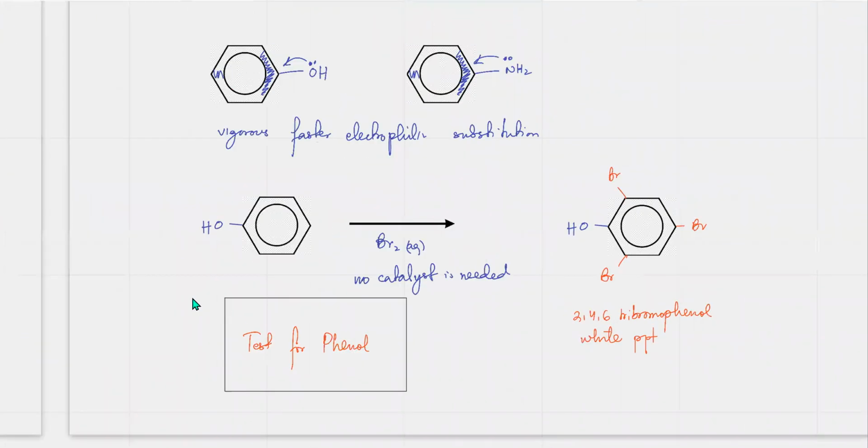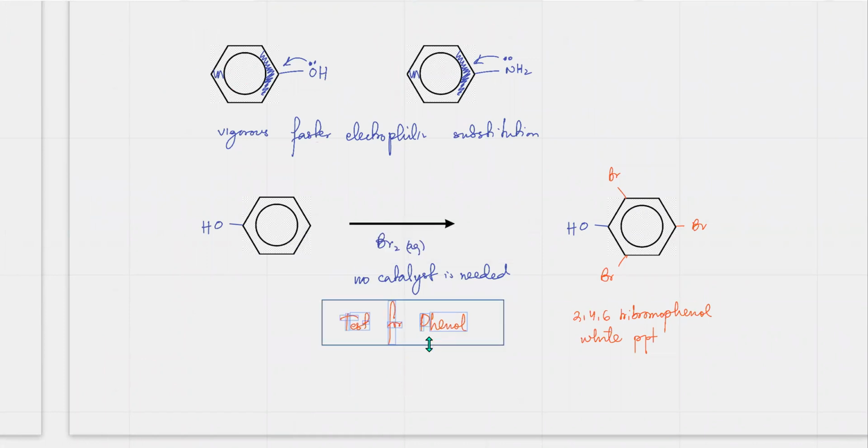You have to remember that if you add bromine aqueous to a phenol, it would produce a white precipitate, and the bromine would also get decolorized in the process. So remember this particular test. Is this clear?